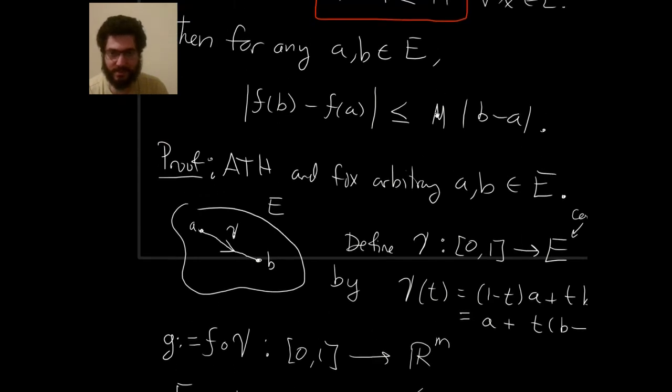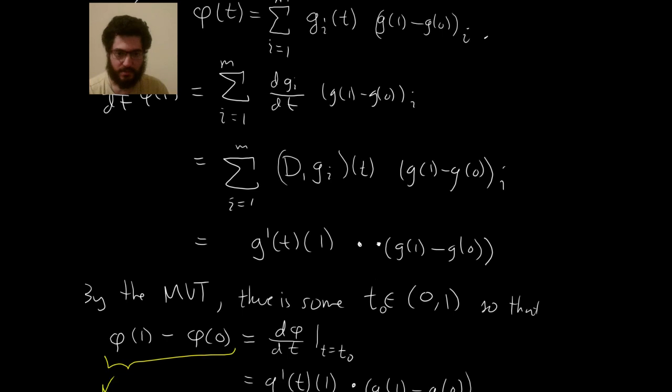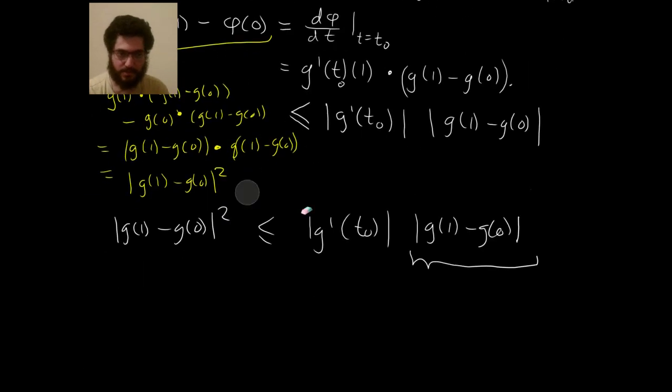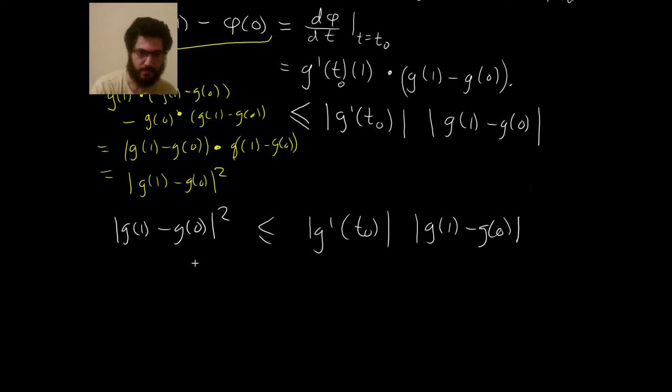If f of a equals f of b, well, yeah, 0 is certainly less than or equal to that non-negative thing. All right, so let's just get that case out of the way. If g of 0 equals g of 1, then we are done.